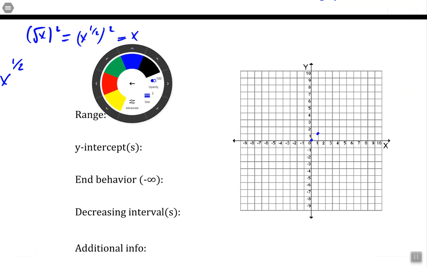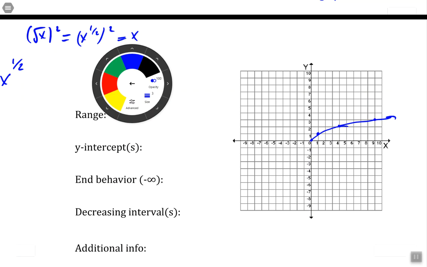You don't want square root of 2 or 3, those are not whole numbers. What's square root of 4? What's the square root of 9? And there's our curve. Yeah, that's the curve, because it is the positive square root.